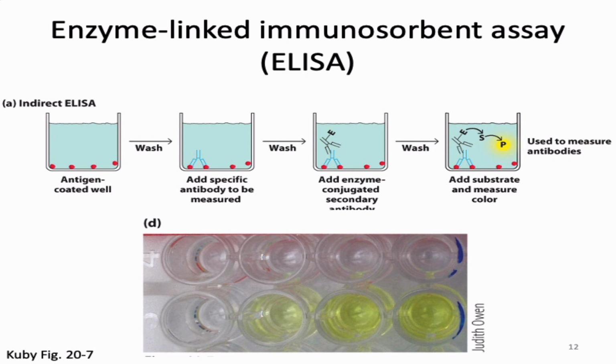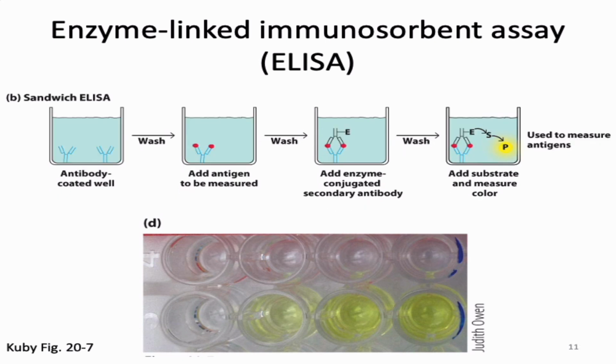You wash, and then we add another antibody that binds to the FC portion. It's really just like this anti-IgG thing that's up here. This one, again, has the enzyme on it, and we can get the same kind of color change. And we usually refer to this antibody as the secondary. It was a secondary here, too.